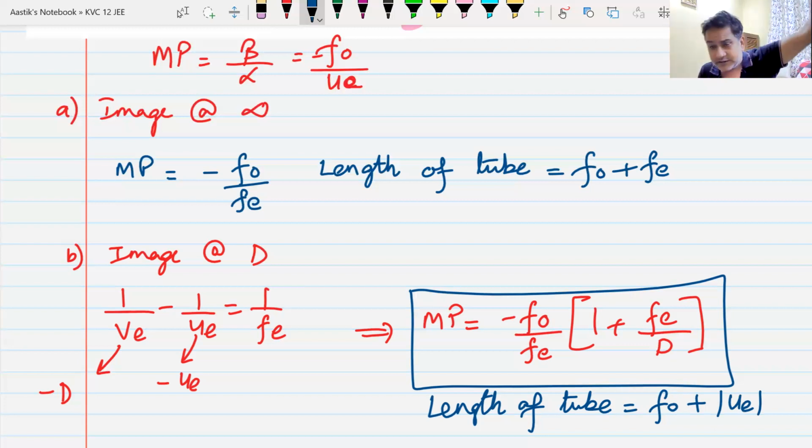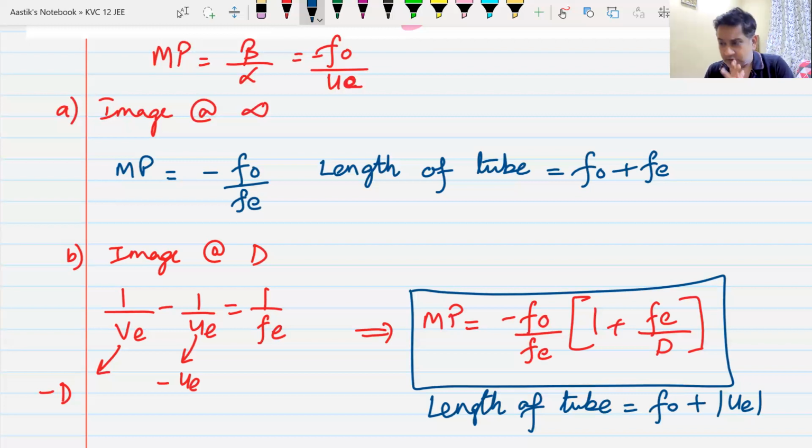Otherwise, we can move ahead into the next territory, because there is nothing more that we have to do. Just put the formulas in and get the answer. And again, the probability of this coming, I feel, may be very less, because you have an entire chapter based on optics. This is a very small part of that chapter, and I don't think a question will come from here. Do we understand this in any case?